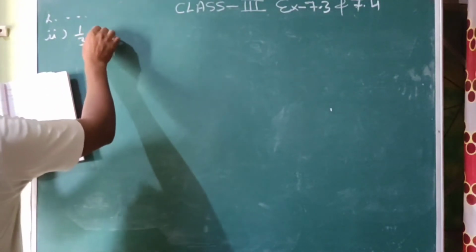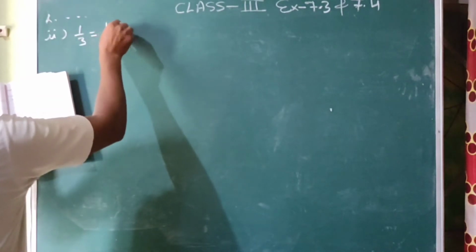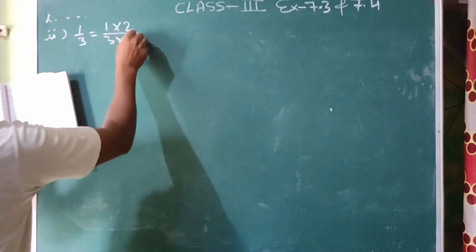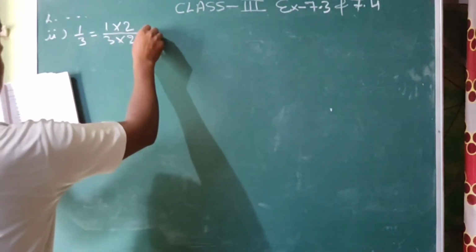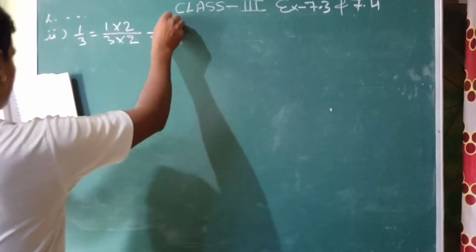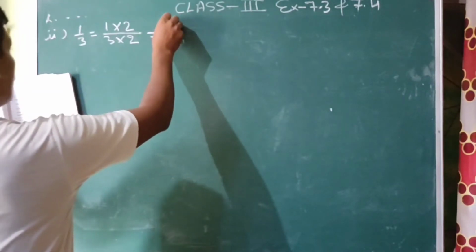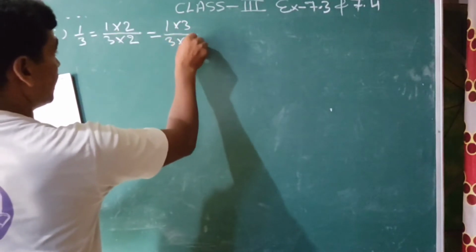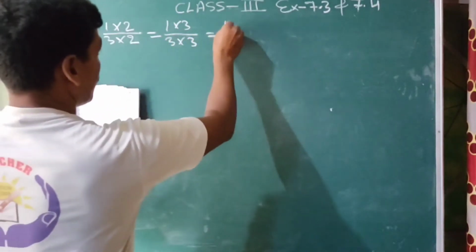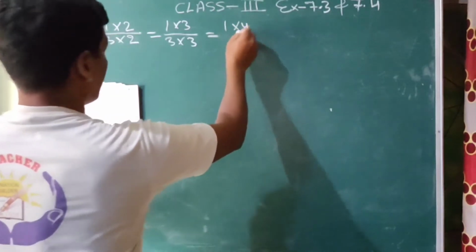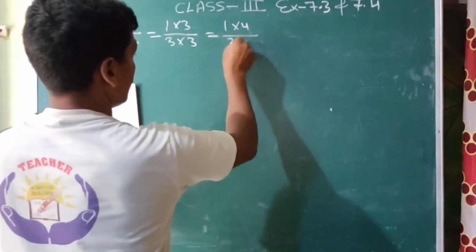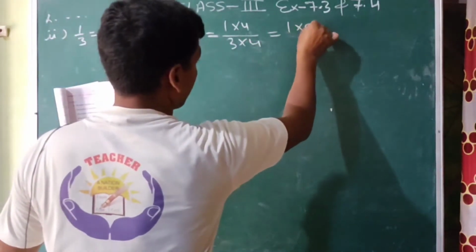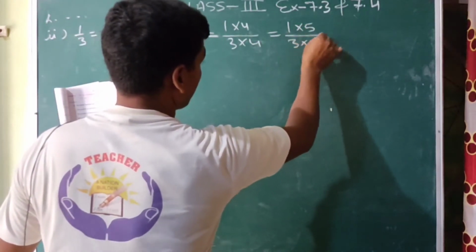That will be 1 multiply 2 upon 3 multiply 2, and then 1 multiply 3 upon 3 multiply 3, and then 1 multiply 4 upon 3 multiply 4, and then 1 multiply 5 upon 3 multiply 5.